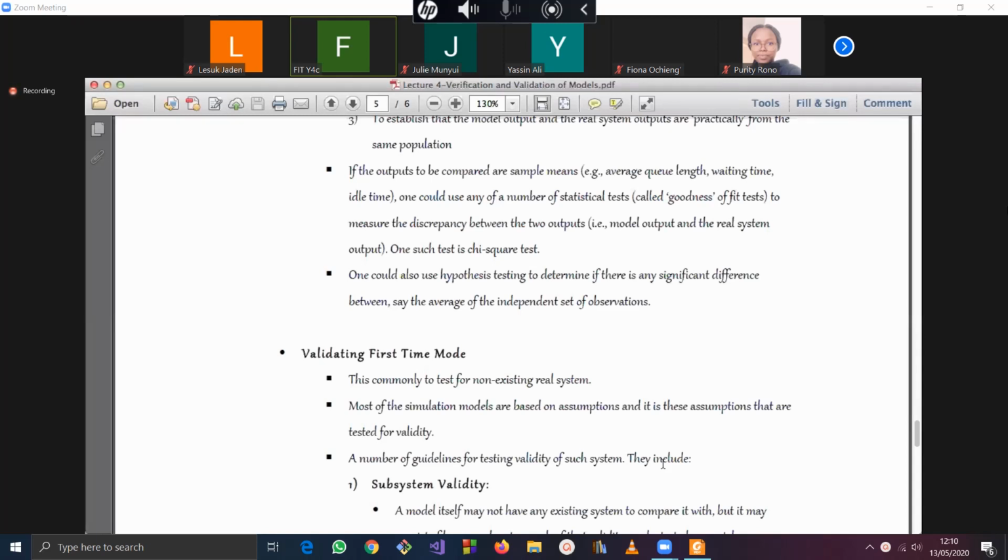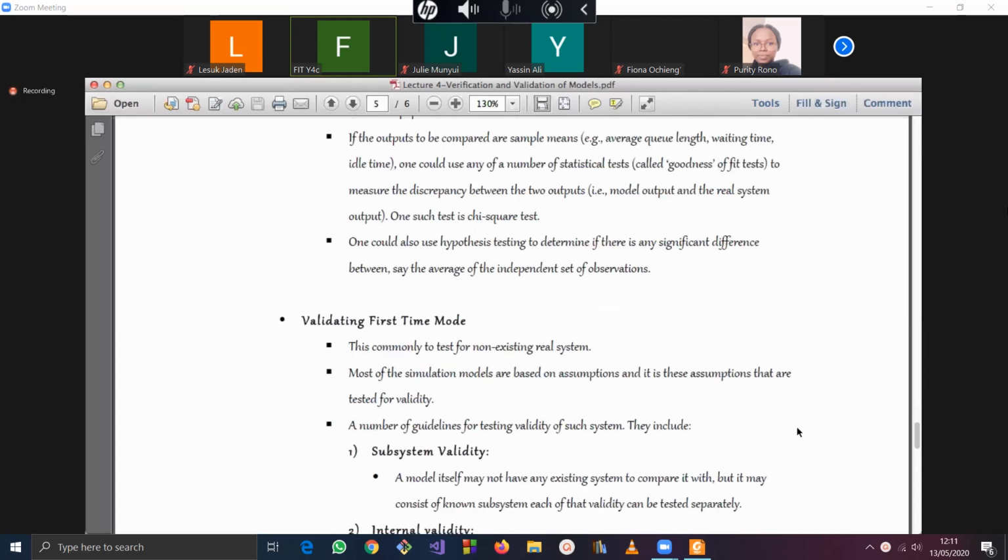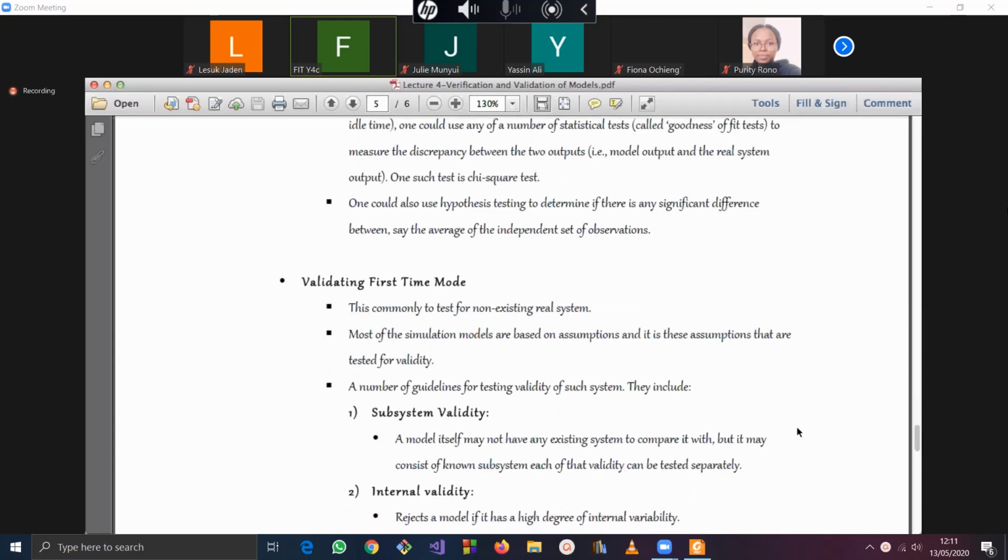Most of the simulation models are based on assumptions, and these assumptions are tested for validity, because you are saying, I'm assuming this. Since you do not have any other existing system to compare, then you test those assumptions. And how do you test this? There are a number of guidelines that are used in first time validation. It's what we call subsystem validation.